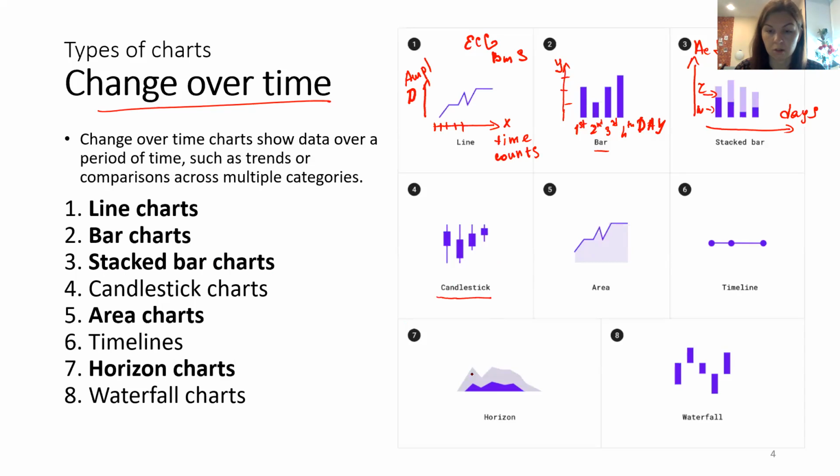Area charts and horizon charts are quite close to each other. We just fill the area under the line using some color. It also allows us to represent some trends.